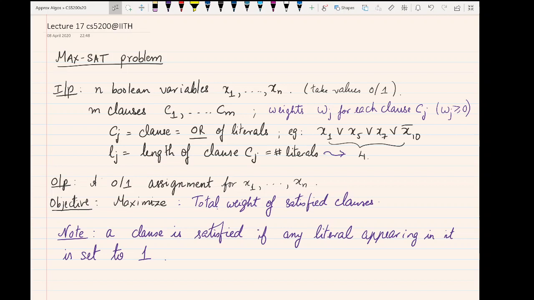And what we want to do is find an assignment that maximizes the weight of satisfied clauses. Notice that a clause is satisfied if any literal appearing in it is set as 1 according to the assignment. For instance, in the clause given over here, if either x5 is set to 1 or x1 is set to 1 or x7 is set to 1 or x10 is set to 0, the clause turns out to be 1.